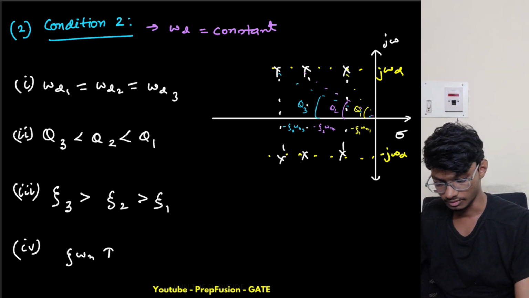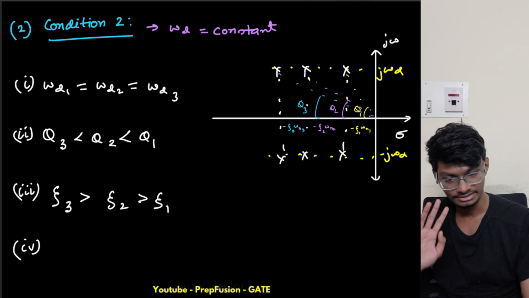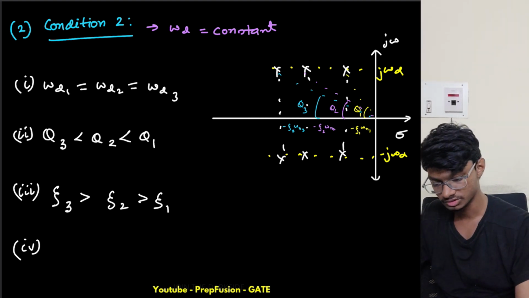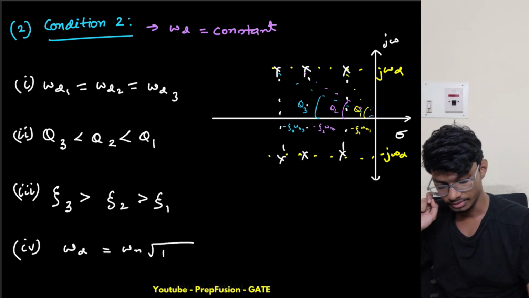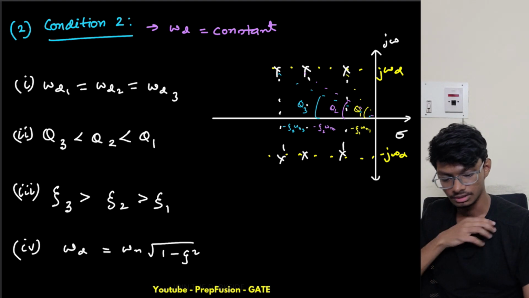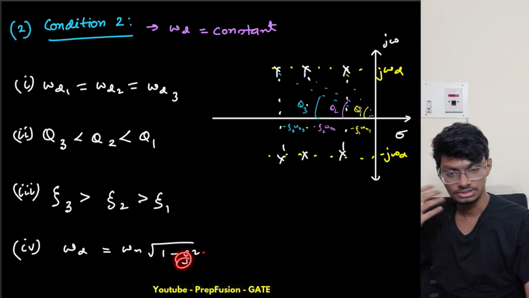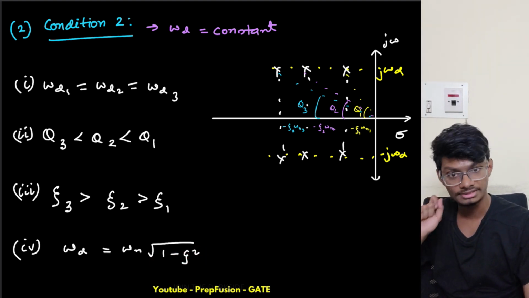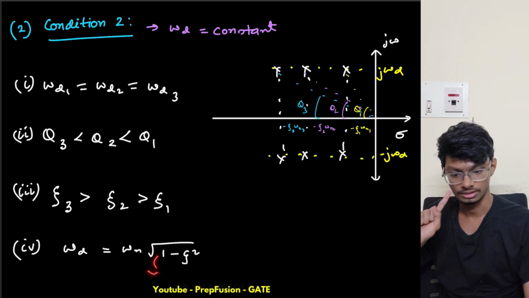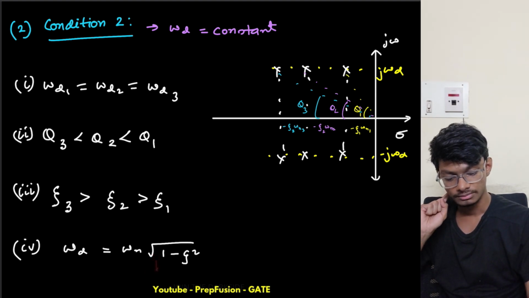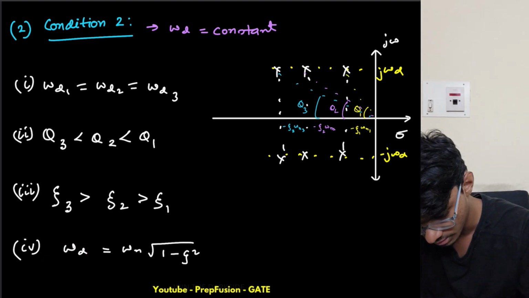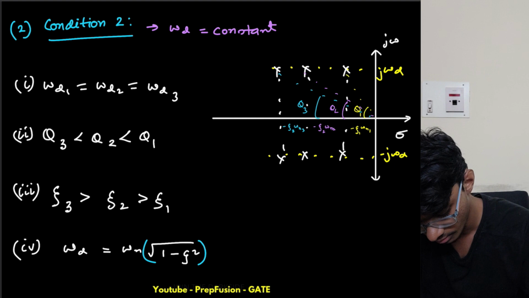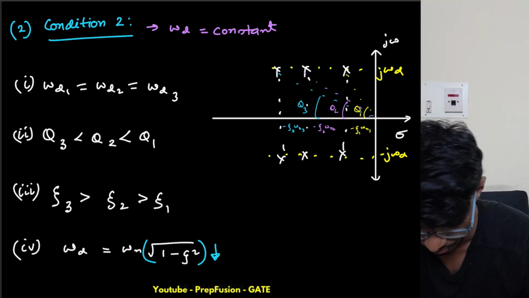I can't say from here, but what do you know? Omega d is constant. So what is omega d equal to? It is omega n under root 1 minus zeta square. If zeta is increasing, zeta square will increase, but 1 minus zeta square will reduce. So this whole thing is reducing, but omega d is constant.